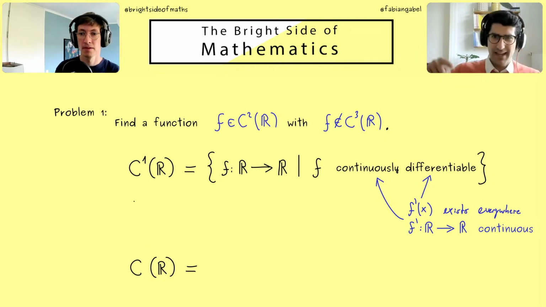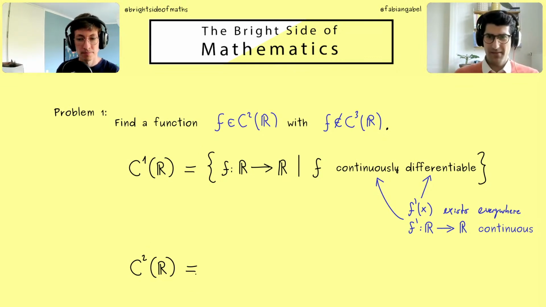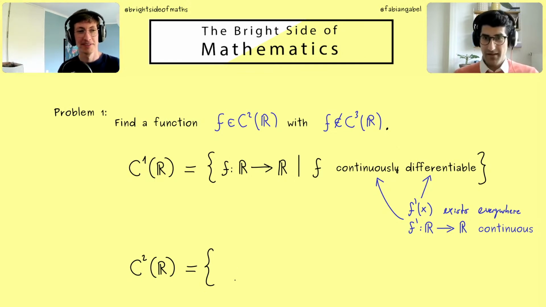So something that oscillates very hard going to x equals 0, but which is damped again by a polynomial. This way you can construct examples that are outside of this class of functions.